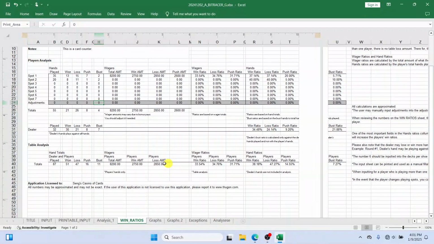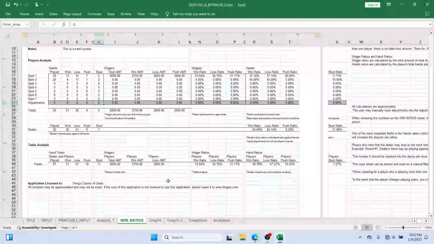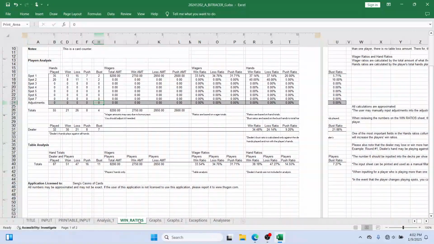In this particular shoe that I analyzed, you see that the player lost $2,850 and they won $2,750, so they lost more than they walked away with. That is something you want to look at when analyzing not just the individual players, but all the players as a whole, and this is where the win ratio really comes into play.